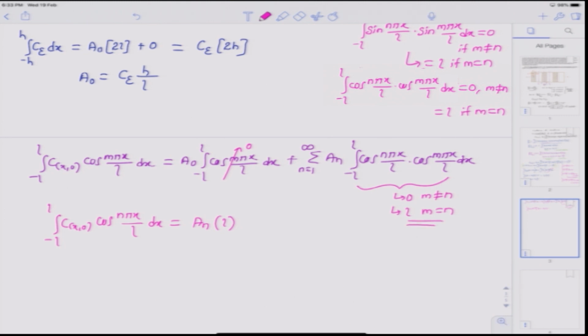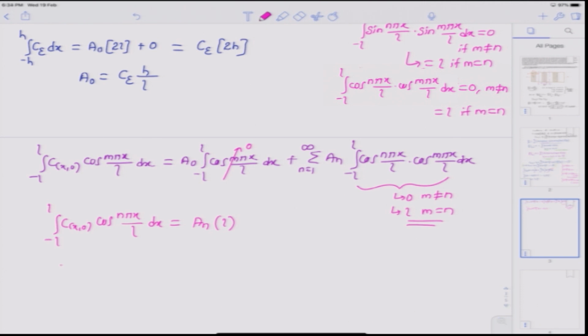Again C of x,0 is 0 for the limits minus L to minus h and for h to L, and between minus h to h this value of C of x,0 is C epsilon.